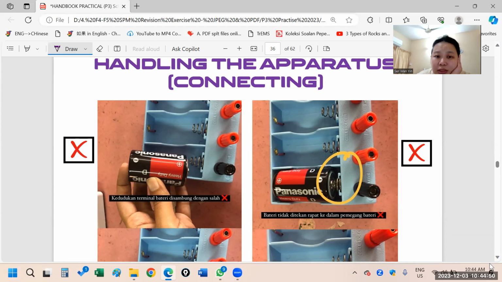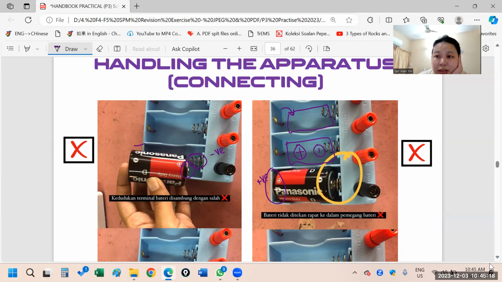This is positive, so please put it like that, positive. Then normally the spring is negative. You just read like you can see here, this is positive, this is negative. So you observe yourself, look properly, then you put it in.